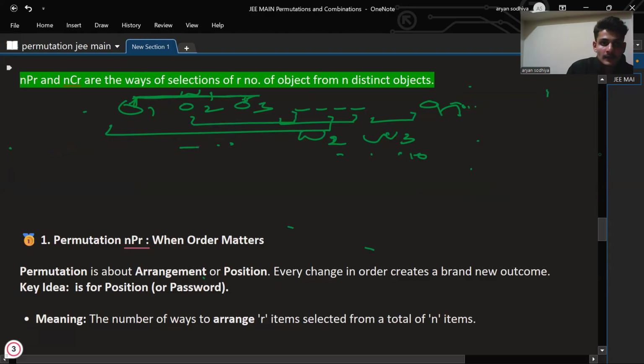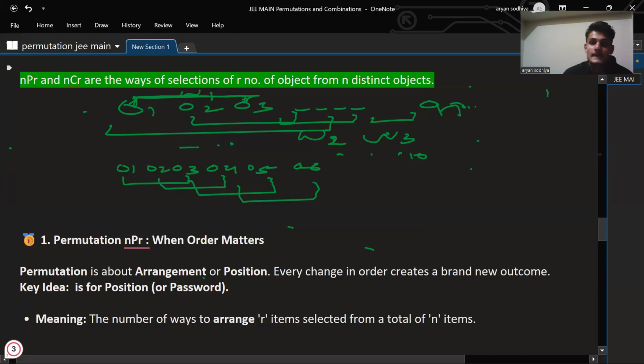Let's say O1 to O6, and I need to group them in threes. I can group them like this, like this, or like this. There are four ways to group them.